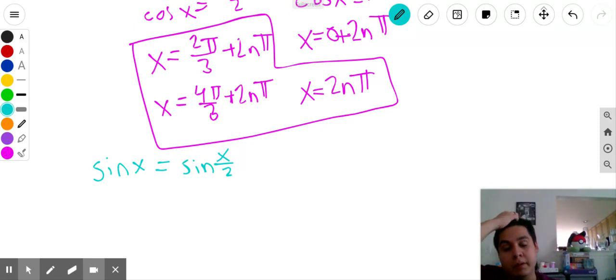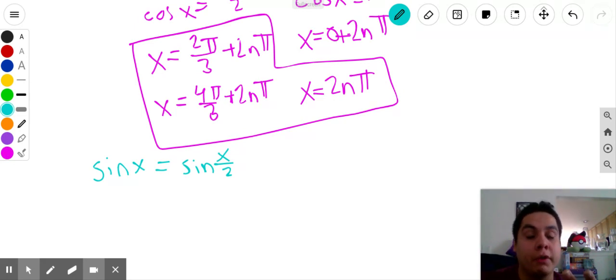I don't have to test all of them. I only have to test the principal angles that I found. And if it works for those, then it should work for all the coterminal angles while I'm at it.